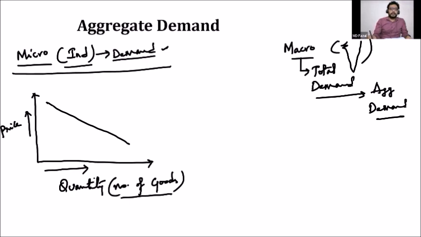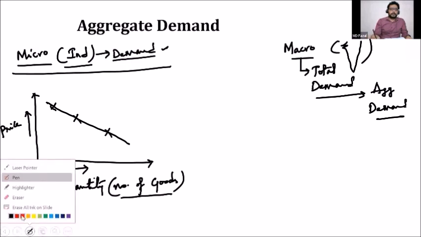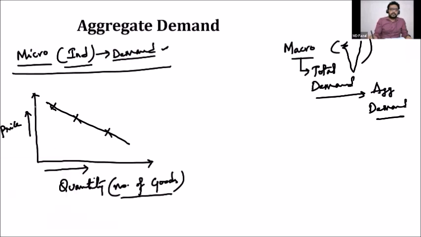Let me take one point here and one more point here. Now just join all these points. Now, simple logic. What is happening here? You take this as 0. This is quantity 5, number of goods 5, 10, 15, and this is 20.